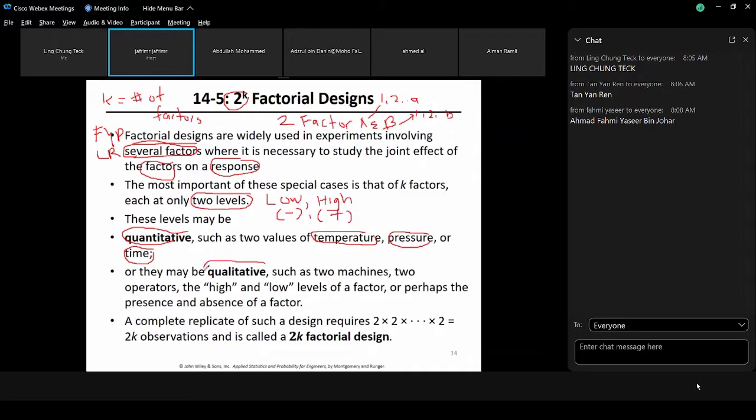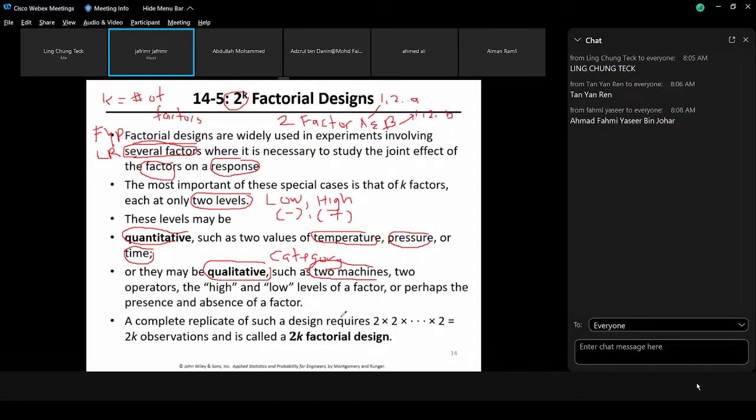Remember the previous example, primer type 1, primer type 2, primer type 3, or the type of machine or operators or sometimes a process, like a dipping process. So sometimes the level could be quantitative, a measured value, or based on qualitative, just categorical. For example, machine 1 from Japan, machine 2, category. You can do this, okay?